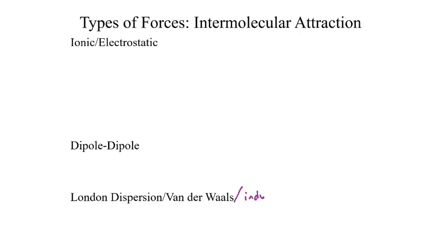You can see induced dipole. This one's really irritating to write out, which is one of the reasons why I don't write it out. Induced dipole force. Probably the most accurate of the names. It's also the most tedious to go through and write out. Okay, but that name could also get used. You could even see it abbreviated as just an induced dipole force.